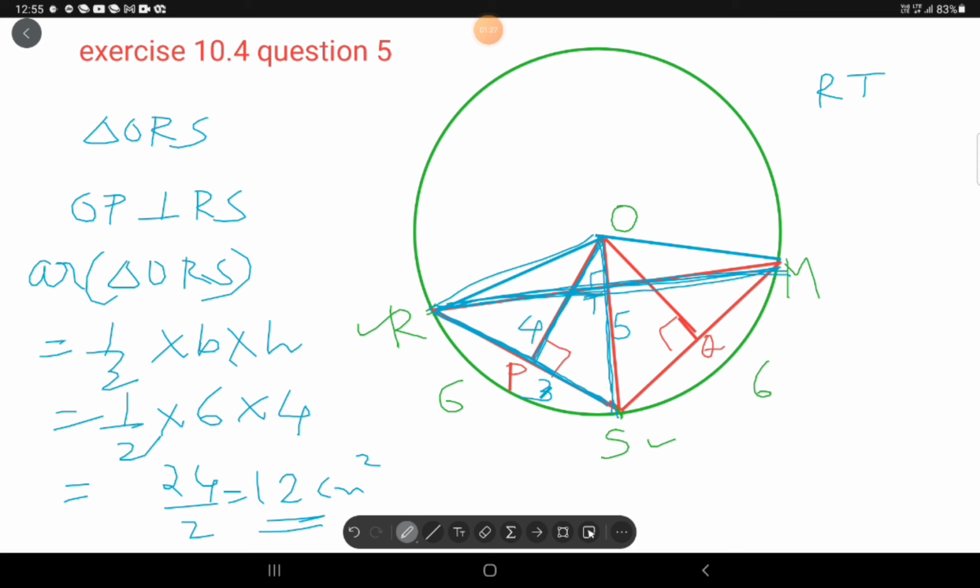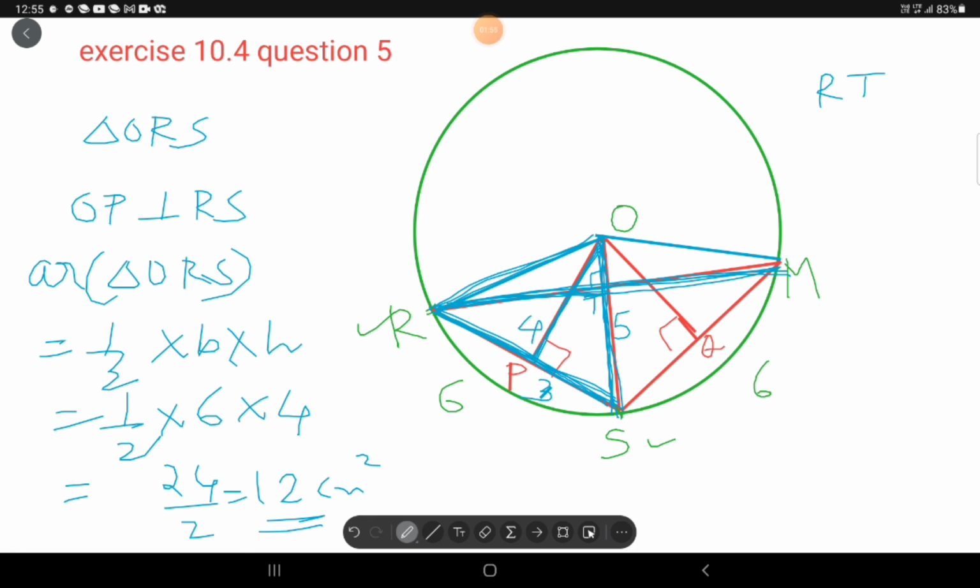First we found the area of the triangle ORS using RS as base and height OP. Now we are going to find the area of the same triangle ORS with the base OS and height RT.